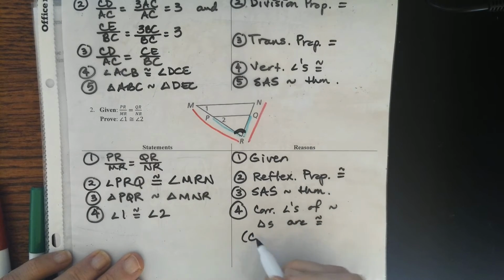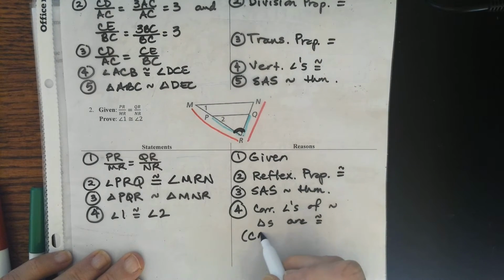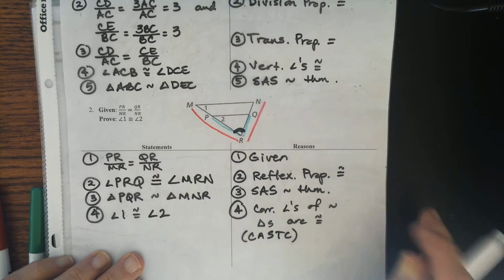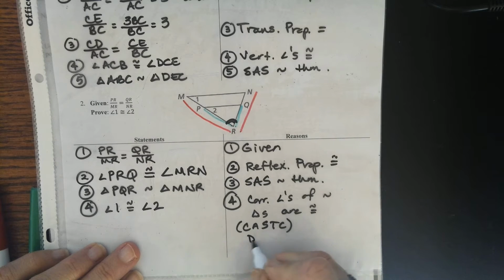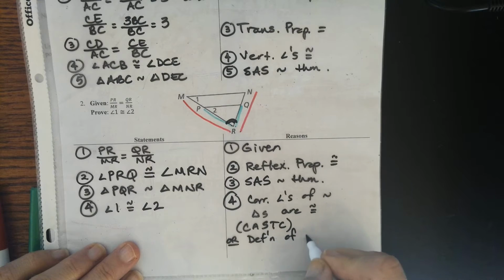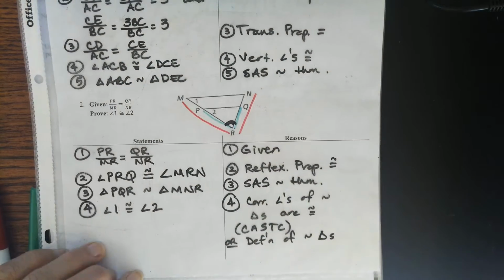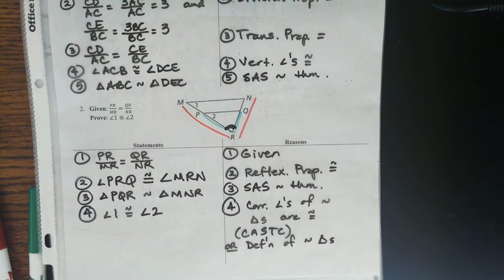If you want to abbreviate it, you can say corresponding angles of similar triangles are congruent, or technically you could say definition of similarity. So I'm going to say or definition of similar triangles. Okay. Questions?